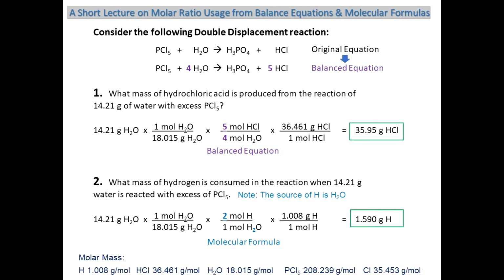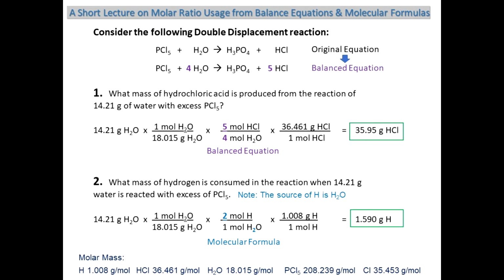So in other words, when the element or compound of interest is not directly shown in the balanced equation, you will more times than not use the molecular formula to determine the ratio for this conversion factor. Then we complete with the gram per mole of hydrogen to give you 1.59 grams of hydrogen.